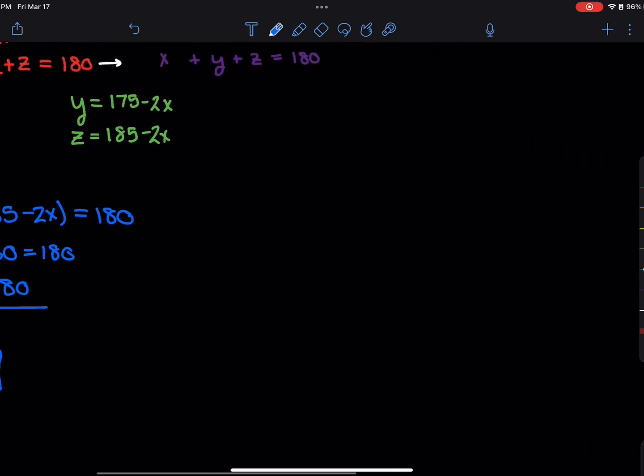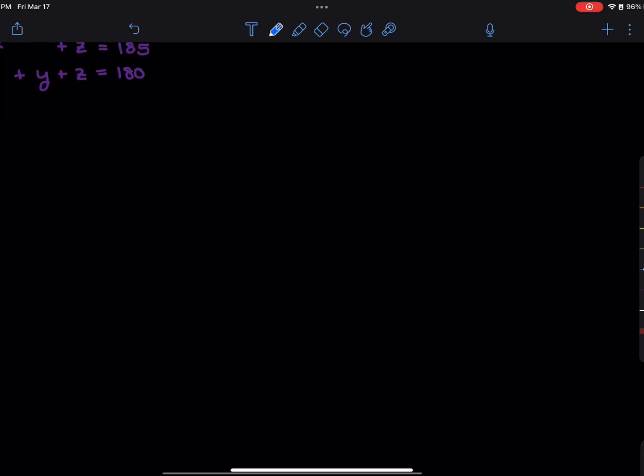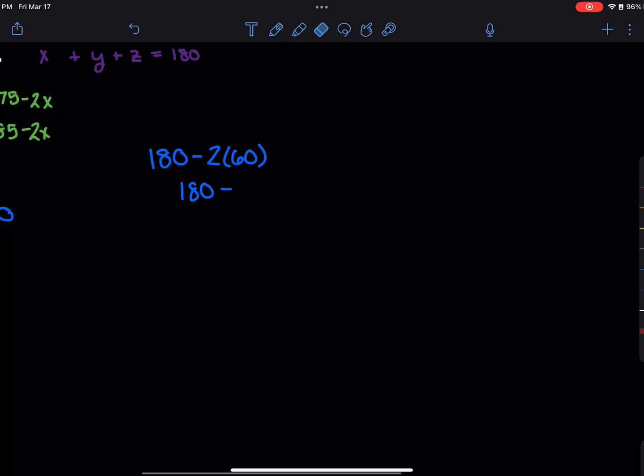And that's our first interior angle. And now that we have one angle measure, it makes the rest of the process a whole lot easier. Wrong one, so I need to go back and erase that.